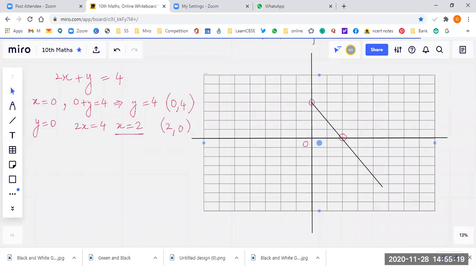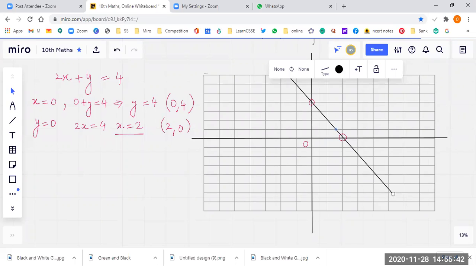Let me extend it backwards. Okay, I've extended it backwards.